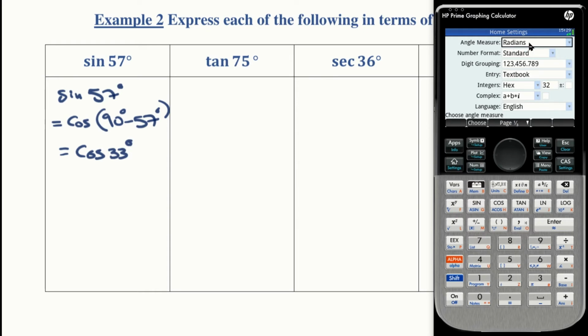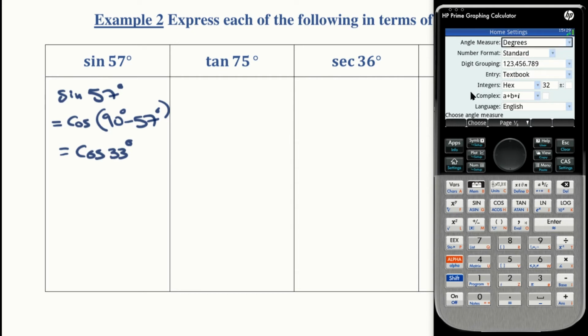That's not at all unusual, because once you get to calculus and beyond, you're going to be dealing mostly with radian measures, because they're a very natural measurement for computations, and we utilize them very regularly in more advanced courses. So notice that what I'm going to do first is go with degrees.